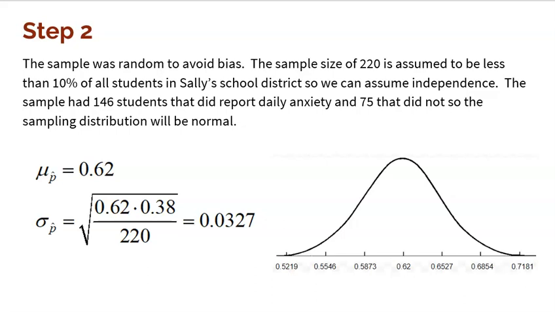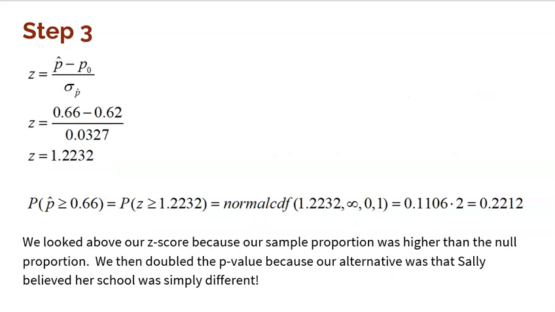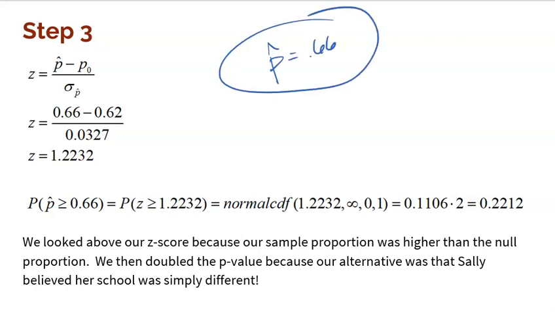So this is, again, I'm allowing the accused murderer to be true. I'm allowing him to say he didn't do it. Now it's time for us to look at our sample. Sally's sample revealed that 66% of kids from her school felt depressed, from her school district.